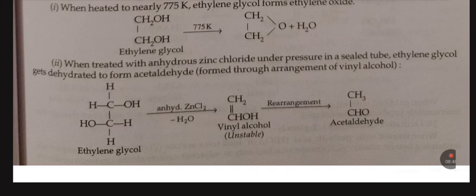When treated with anhydrous zinc chloride under pressure in a sealed tube, ethylene glycol gets dehydrated to form acetaldehyde, formed through rearrangement of vinyl alcohol. Ethylene glycol in the presence of anhydrous ZnCl2, we will get vinyl alcohol that is unstable. Then rearrangement, we will get acetaldehyde. So here our chapter is completed.